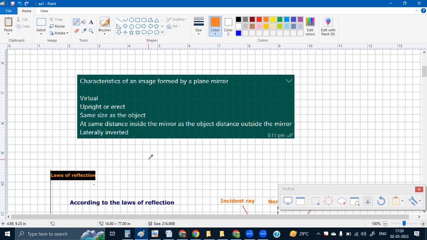So the next thing that you are going to put down is characteristics of image formed by a plane mirror. I have explained all the points, you can just take them down.